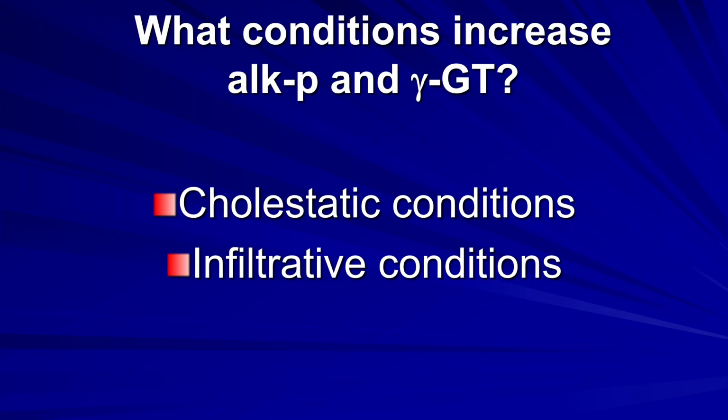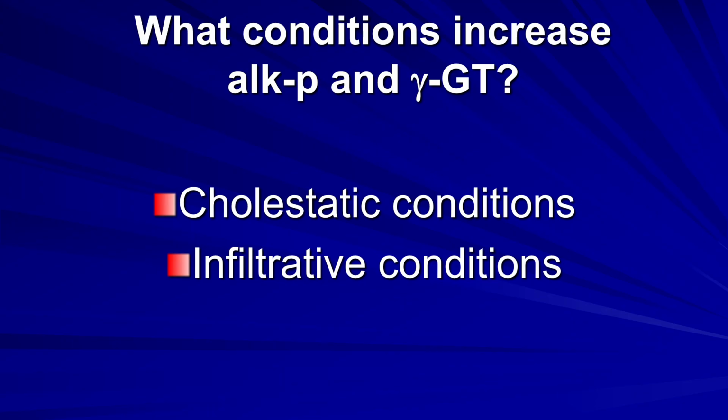The alkaline phosphatase and gamma GT are increased in cholestatic conditions. And I remind you that cholestasis is defined as failure to secrete bile. That clinically manifests as itching and fatigue.